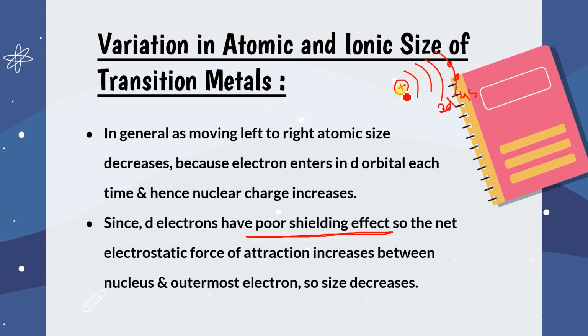Although electrons keep increasing over here, the size should have become larger, but since the shielding effect is not that effective, it is not able to prevent the nuclear charge from acting on the outermost shell. So the outermost shell feels more contracted towards the nucleus, and hence the atomic size decreases.